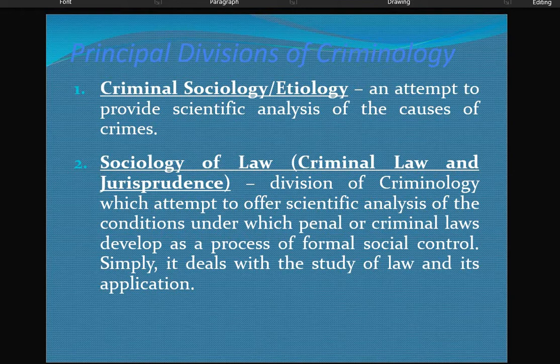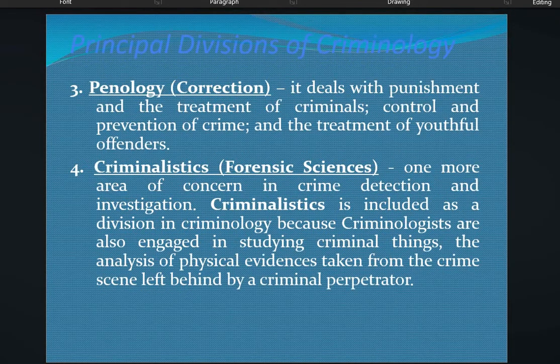Okay? Next will be, for number 3, penology or correction. So, it deals with punishment and treatment of criminals, control and prevention of crime, and the treatment of youthful offender. So, penology or correction, pag-uusapan natin dito, ano yung jail? Ano yung penal institution? Ano yung tinatawag nating penalty?